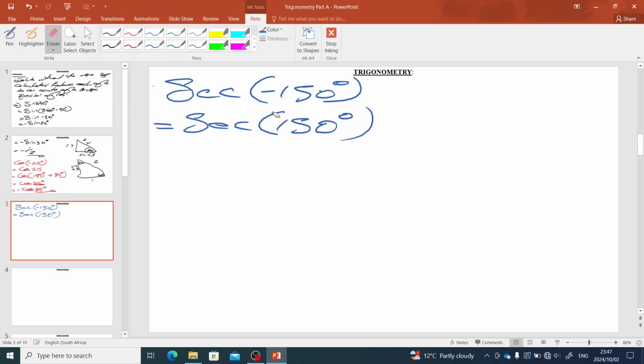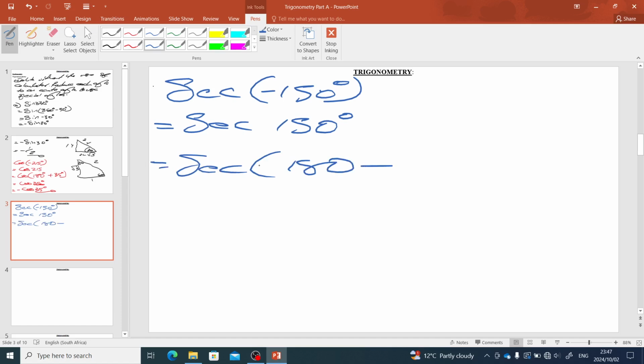If we were to remove the brackets, we'll then have sec 150, a positive angle. But this one will be sec 180 minus 30 degrees. We know that it falls under your 180 minus.